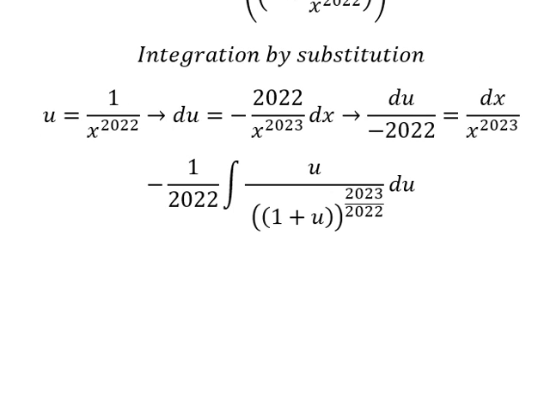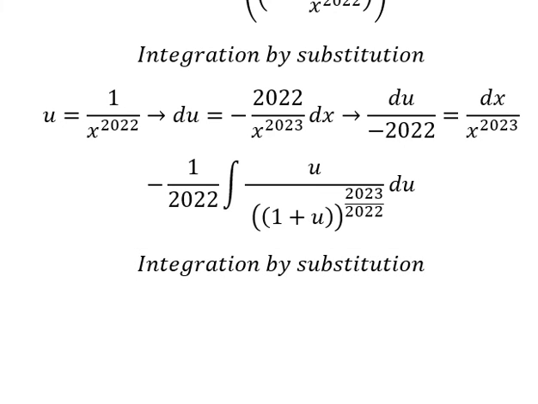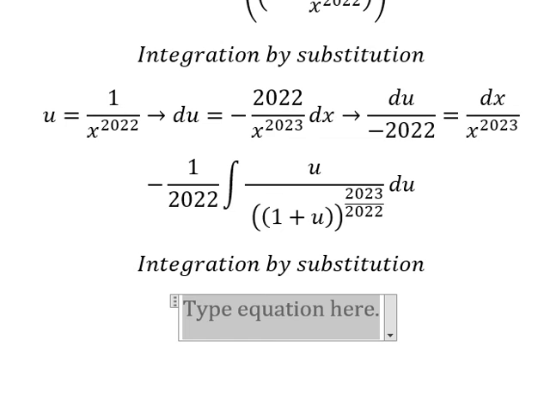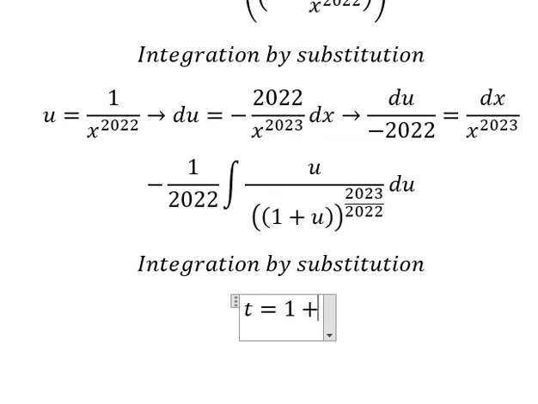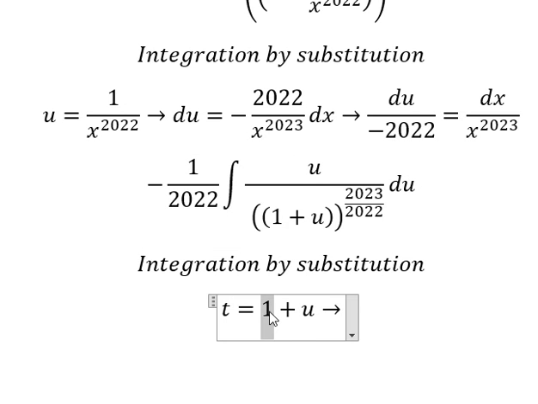Next, we can use integration by substitution. So I will put t equal to 1 plus u. We still have u in here, so I will put number 1 go to the left.